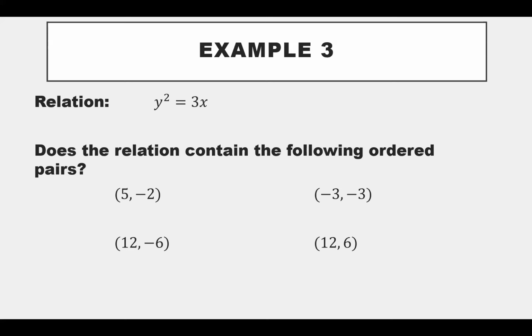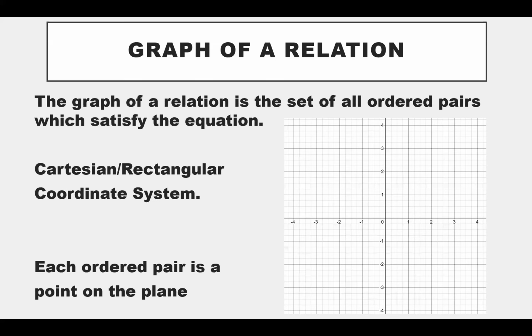In order to represent those infinitely many points, those infinitely many ordered pairs, obviously this equation is one way. But we can also graph a relation and get a visual of all of the ordered pairs which satisfy the equation. Oftentimes, we can do just that.